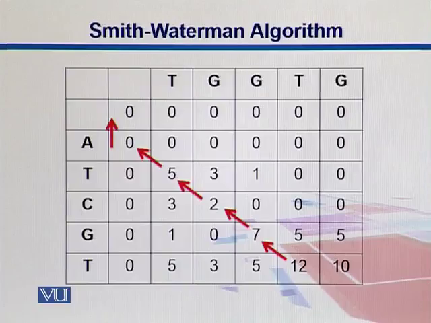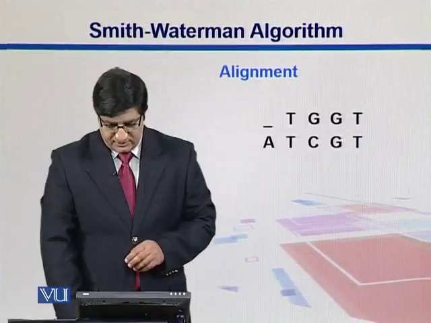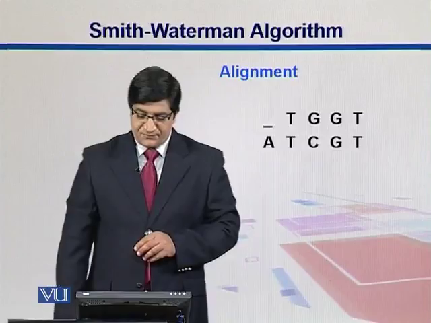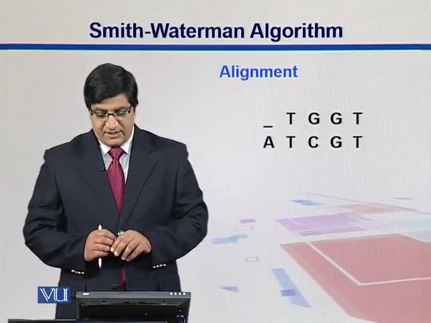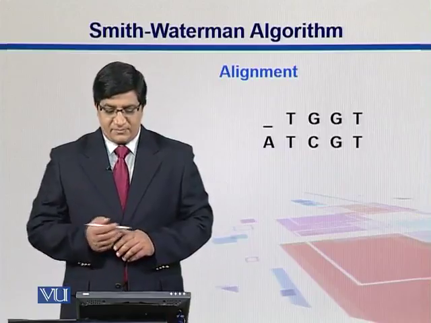In this case we have just a section of two things aligned together. We don't care about this G at the end, and our traceback pointers help us get the real alignment. So T matches with T, G and G, there's a mismatch, and then we have a gap in the beginning as far as this alignment is concerned.